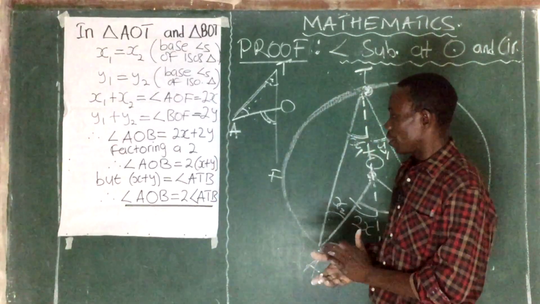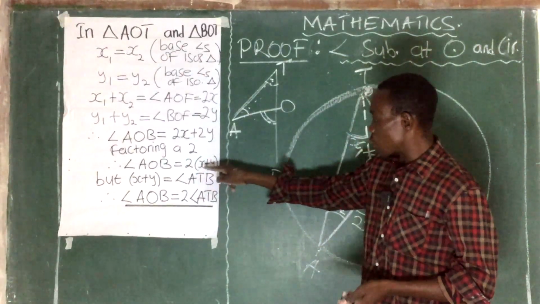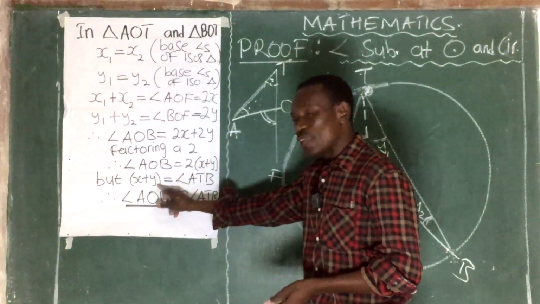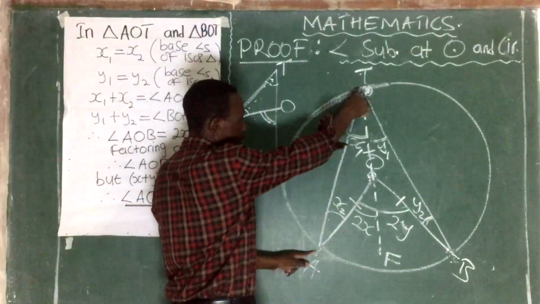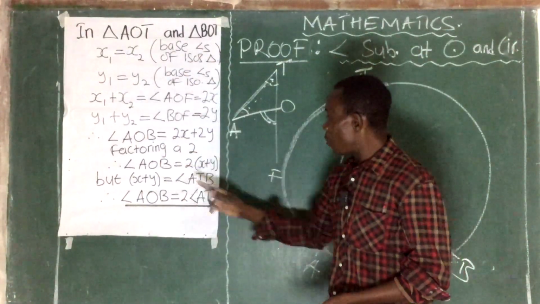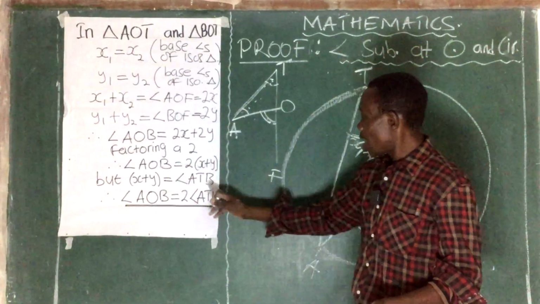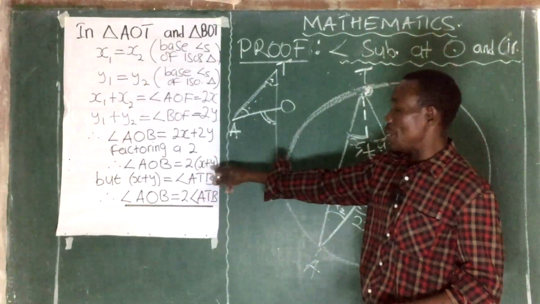So if you compare, x plus y is just angle what? Angle ATB. So you'll be able to see that instead of writing x plus y, we can substitute that one by writing what? That is the ATB here.